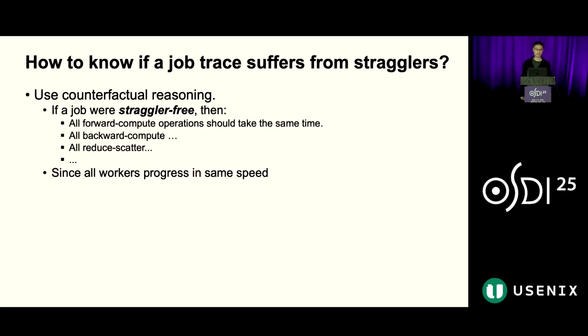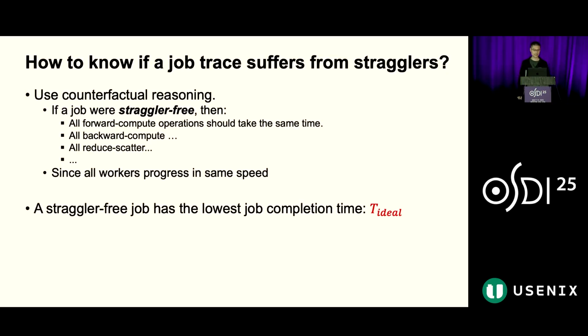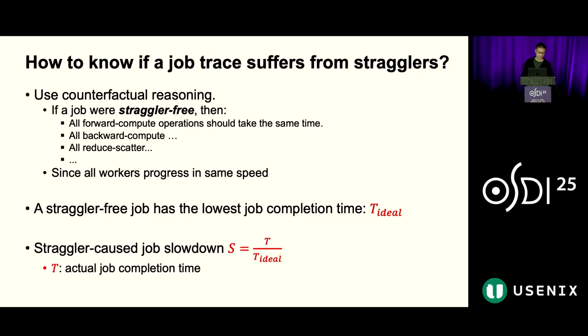Because in a straggler-free case, all workers should progress at the same speed and they finish all of their assigned tasks at the same time. In such a case, the job should have the lowest job completion time, and we denote it by T_ideal. And we define the straggler-caused job slowdown as T over T_ideal, where T refers to the actual job runtime.